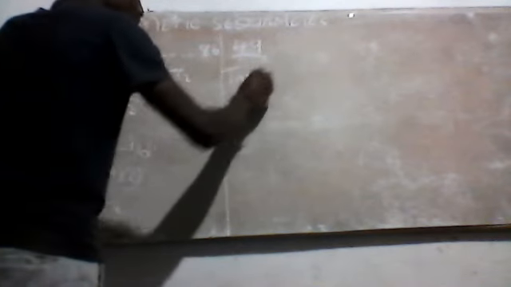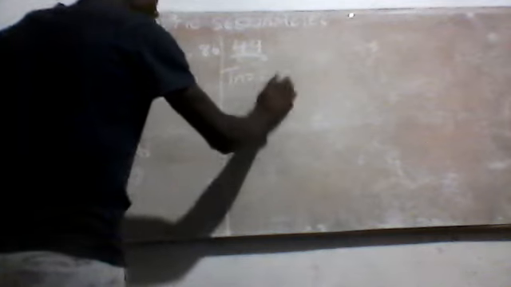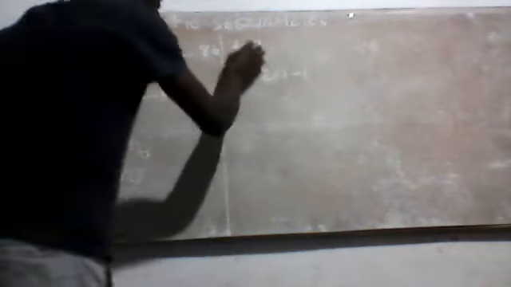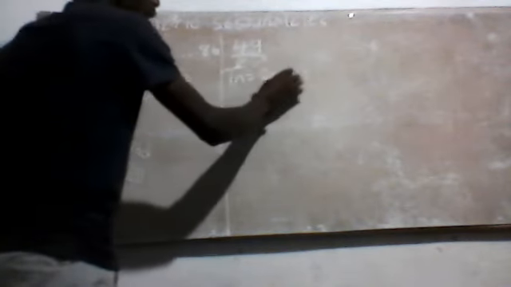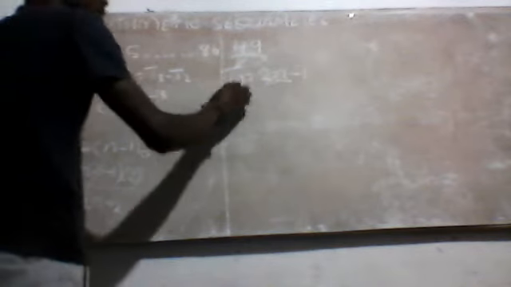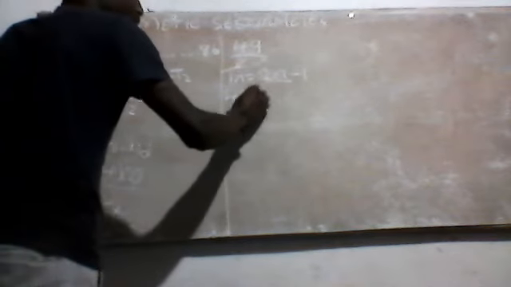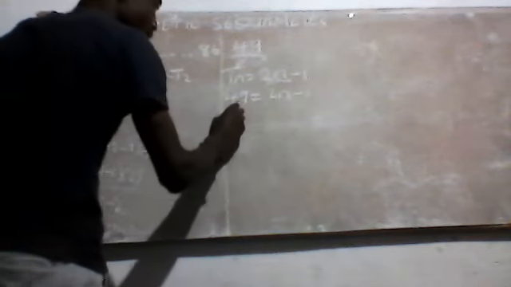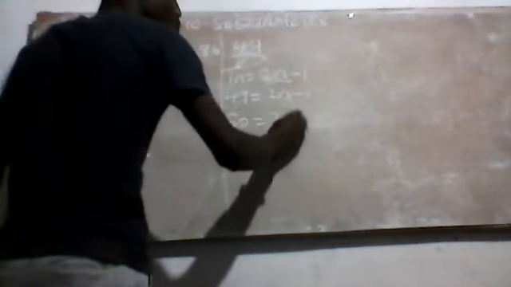So I'm just going to write my equation. Tn is equal to 2n minus 1. What they've given me here is the Tn, and they are asking me the n, guys. So my Tn, 49, is equal to 2n minus 1. If I solve for n, I transpose the 1, so 50 is equal to 2n.